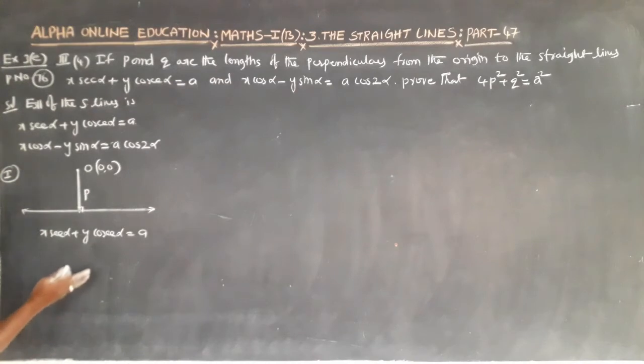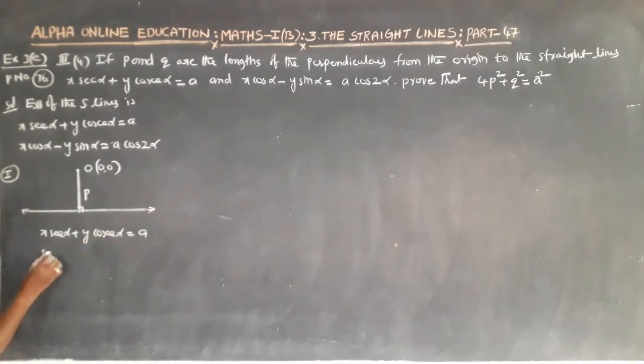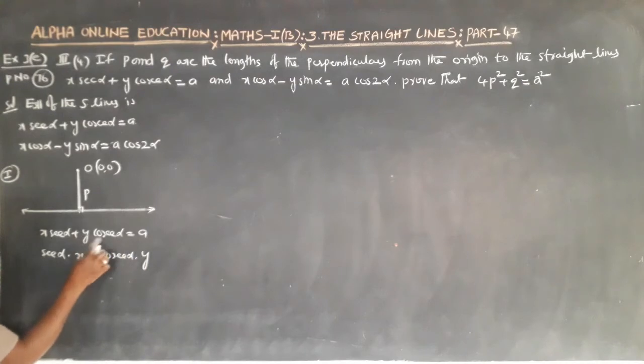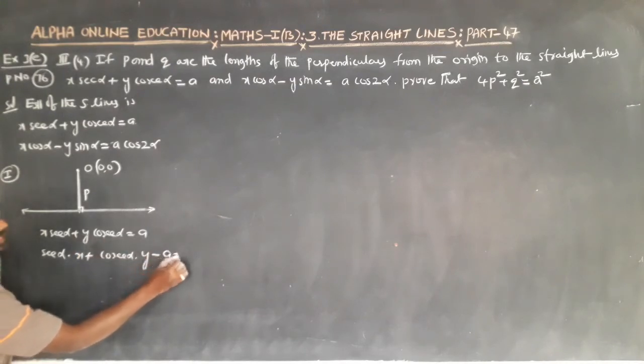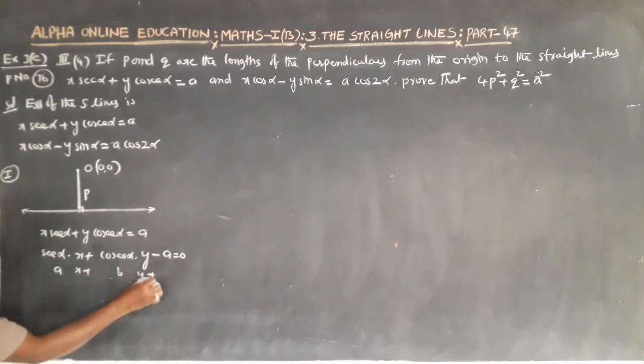Write the equation of the straight line in order: secant alpha x + cosecant alpha y - a = 0. This is of the form ax + by + c = 0.